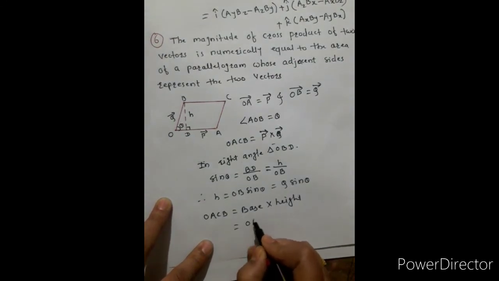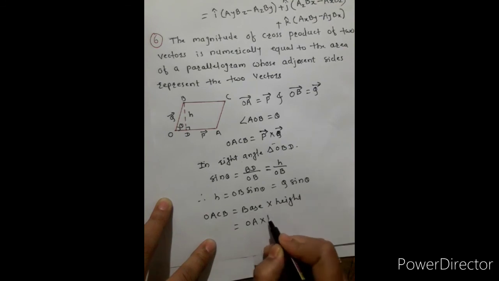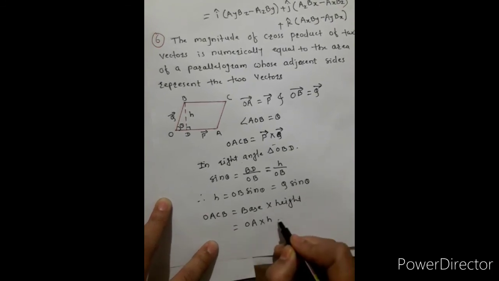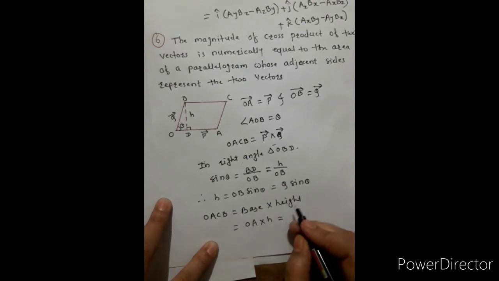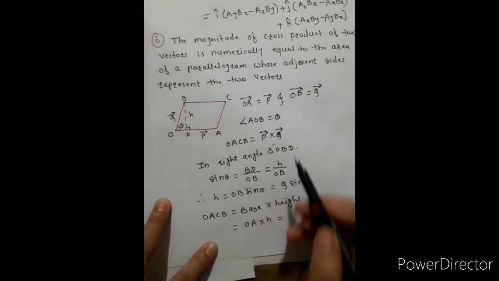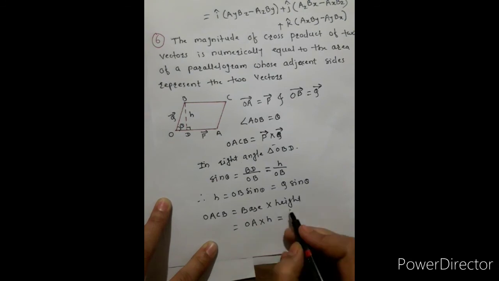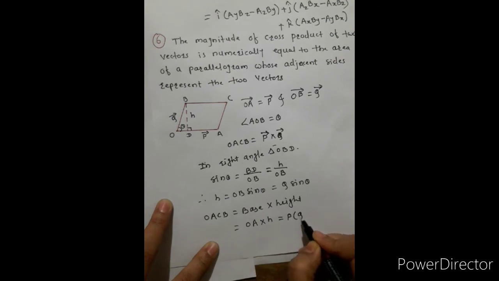Base of the parallelogram is OA, into height H. So it is equal to OA into H, so P into (Q sin theta).